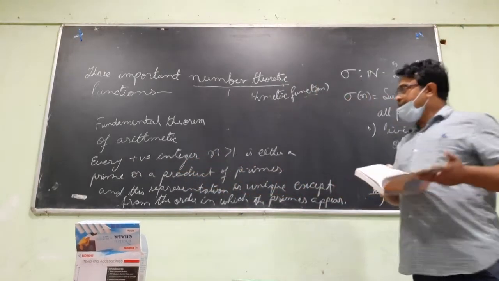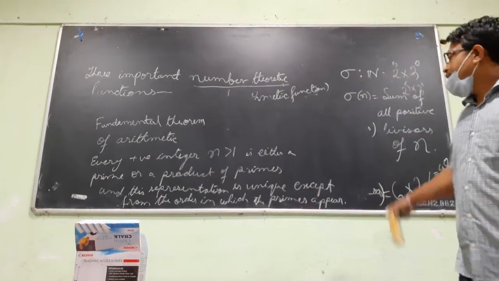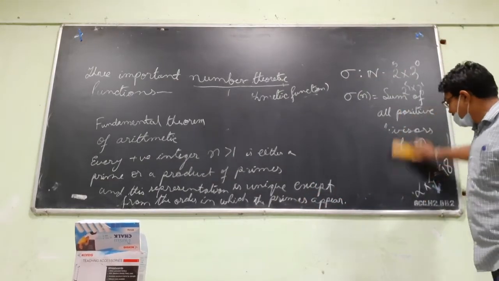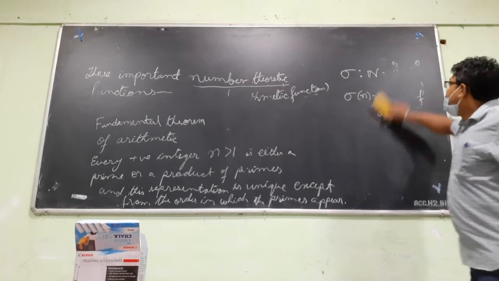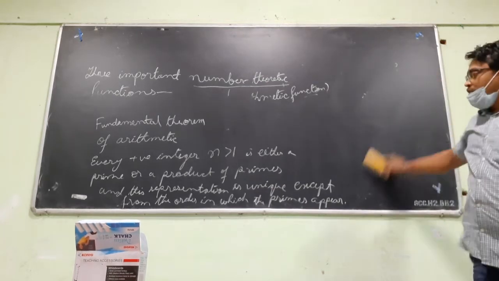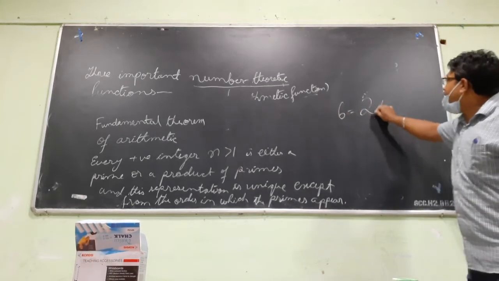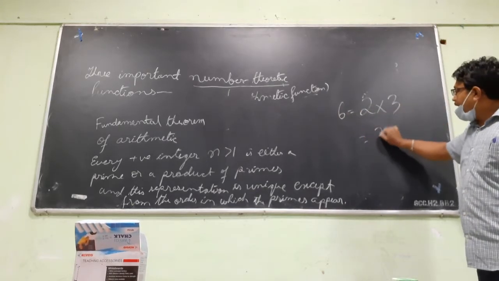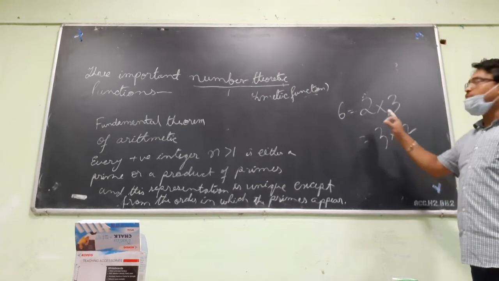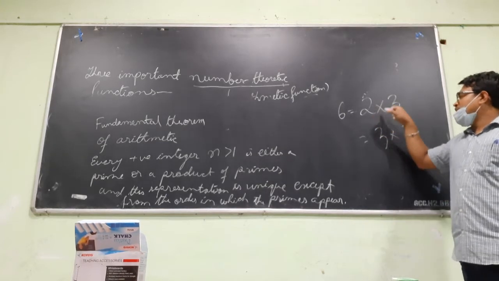That means any positive integer greater than 1 has a prime factorization, and that factorization is unique. Unique in the sense that, say, for 6, somebody may write it as 2 into 3, somebody may write it as 3 into 2, but these two are the same. The multiplication is commutative.